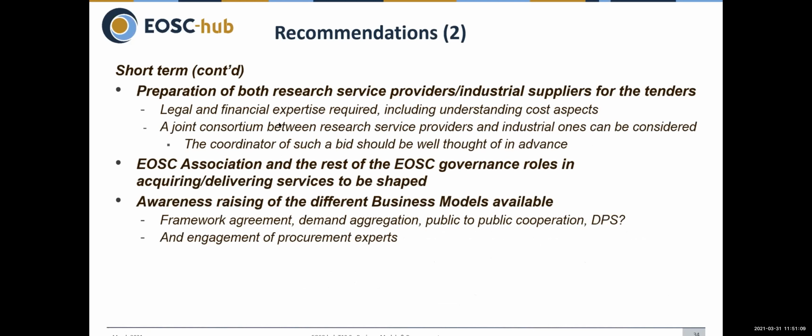A joint consortium of both research providers and industry may be considered to provide a bid for this first tender, and the coordinator should also be well thought of in advance. I think this was covered, the roles of the association and the rest of the EOSC governance. Also, awareness raising needs to take place in the coming period about the different tools, and engage the procurement experts, possibly in some more studies and so on.